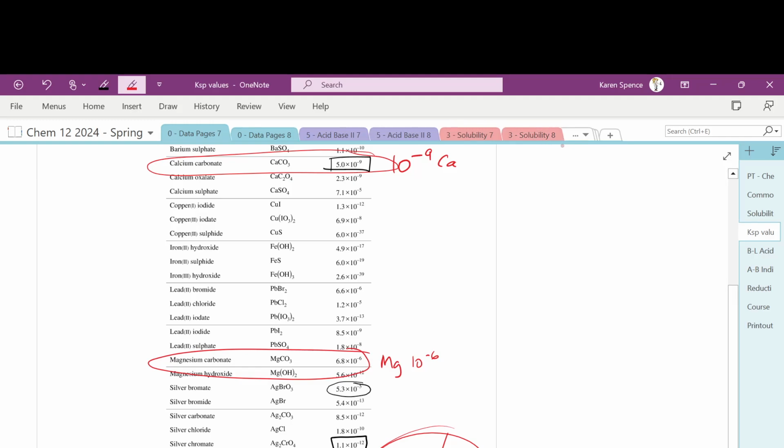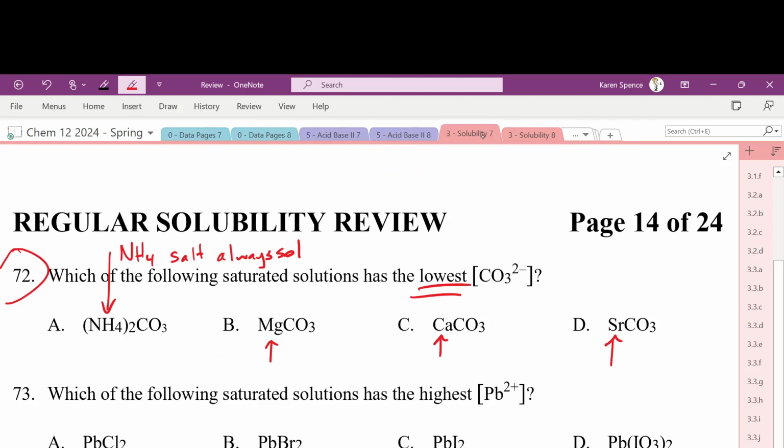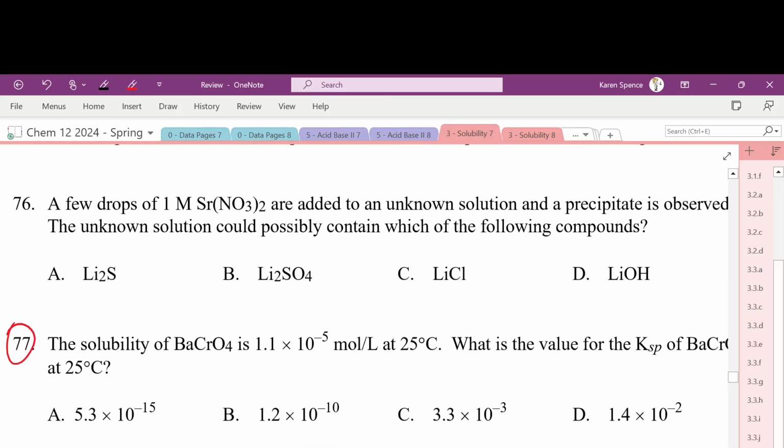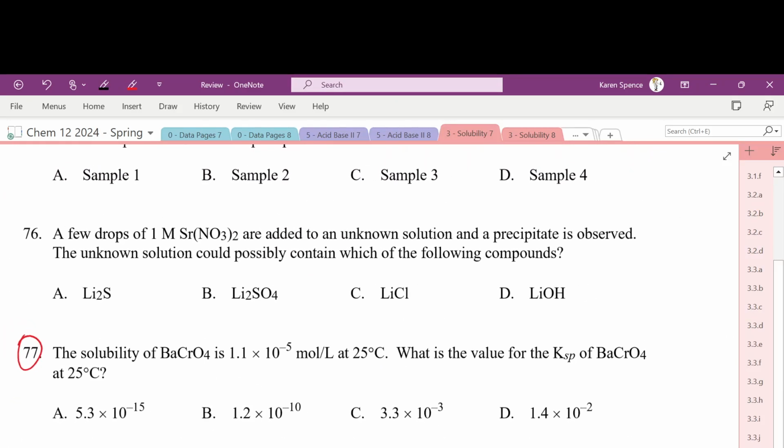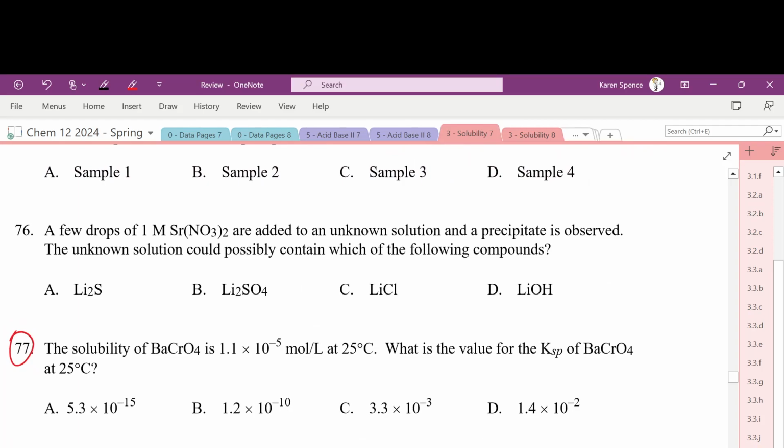Okay, and where did we go? Here we are. 77. Ooh, solubility. Nice. So we have barium chromate, which dissociates into barium 2+ and chromate 2-. And let's let X equal the solubility.